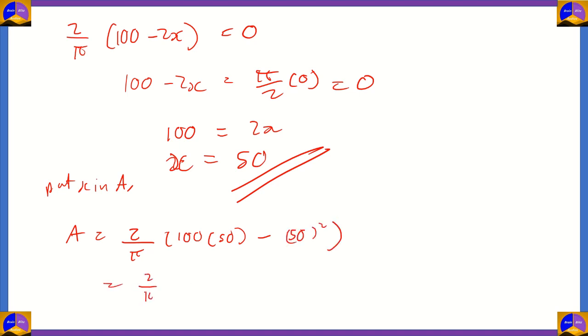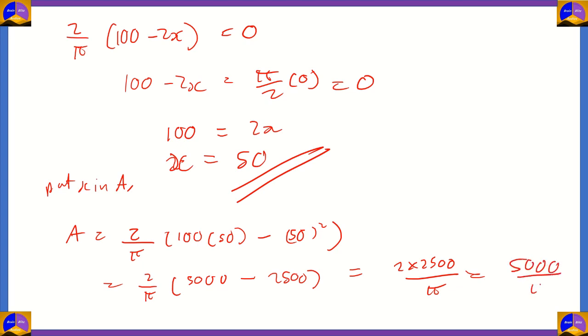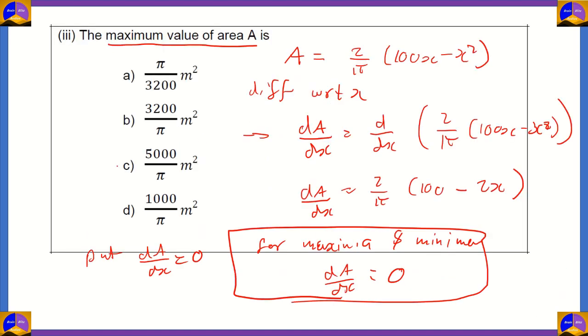So 2 by pi into 100 times 50 is 5,000 minus 50 squared is 2,500. So that is 2 times 2,500 divided by pi. That means the maximum area that you get is 5,000 divided by pi meters squared, and that is option C.